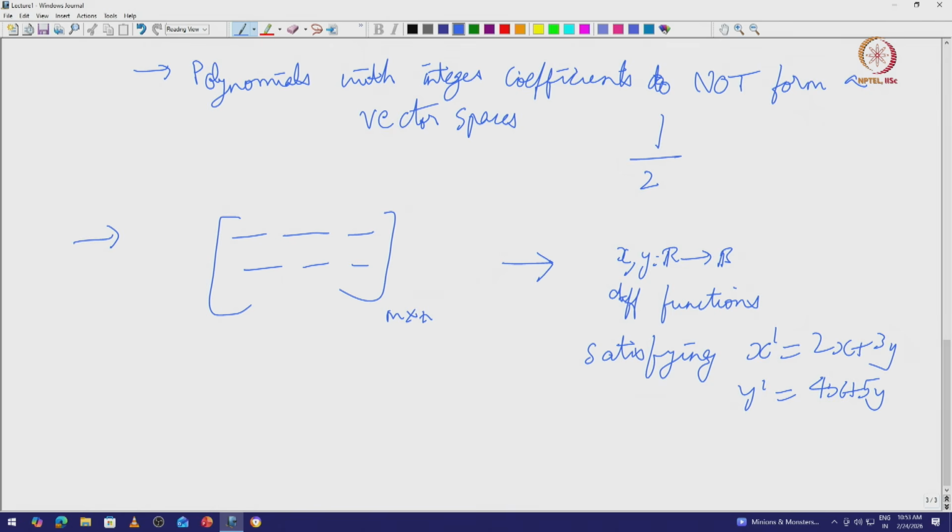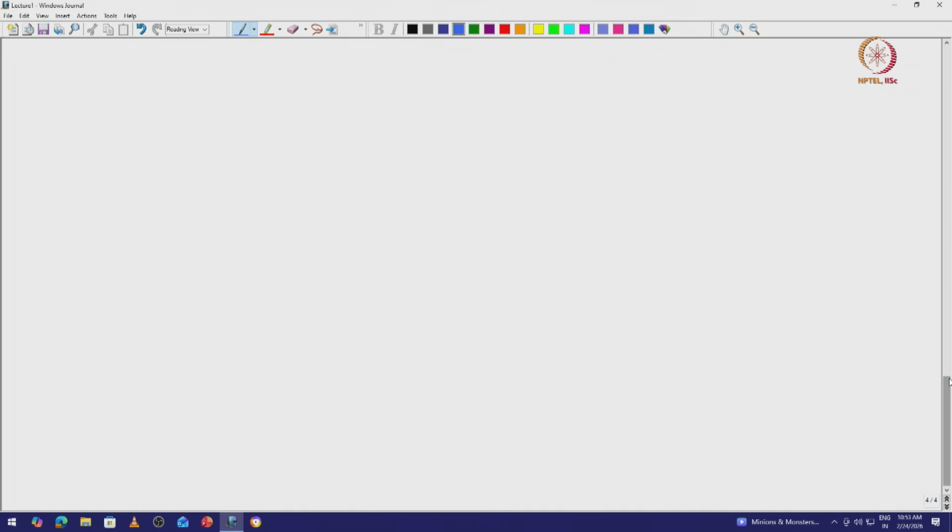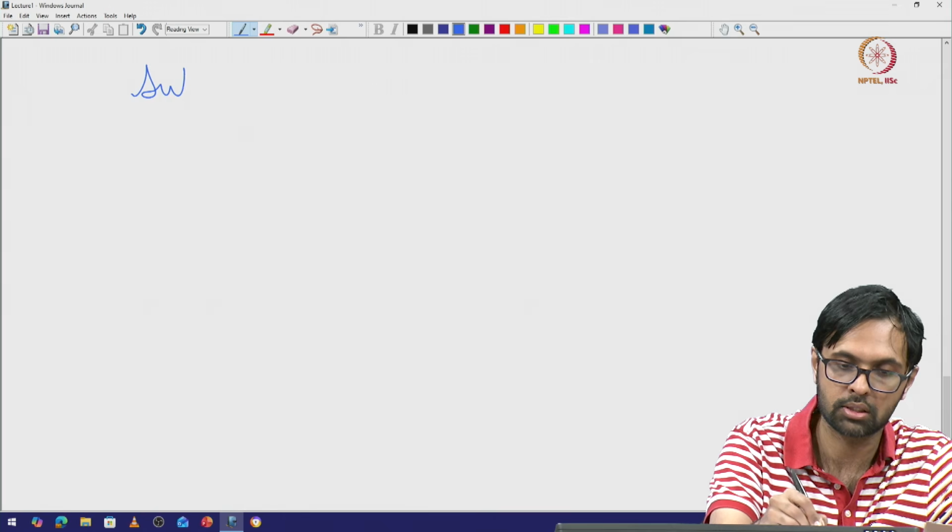Why do they form a vector space? Please think about it. All you have to verify is simply that if you add two differentiable functions satisfying this, you get a solution of this equation, and if you multiply them by a real number, you continue to get a solution. In fact, many of these examples that we have come up with are in fact examples of subspaces.